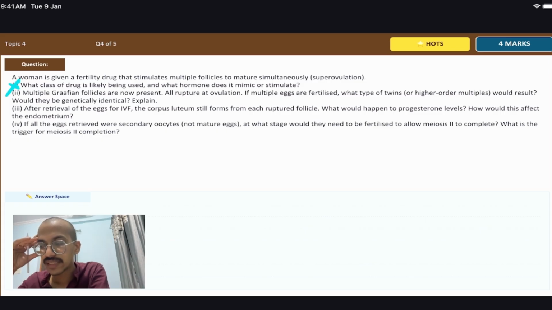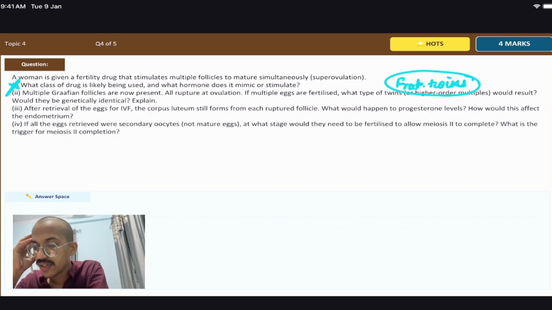If the multiple eggs are fertilized, what type of twins or higher order multiples would result? Genetically identical or different? Multiple ova are there, and all the ova will have different genetic material, so they will be genetically dissimilar. They won't be identical, they will be called fraternal twins.